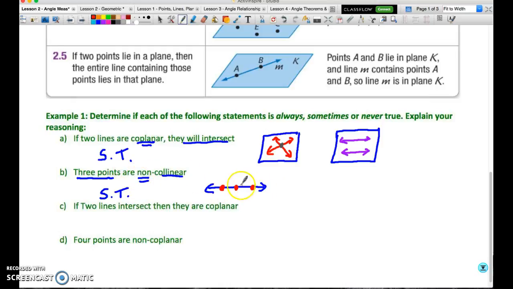We have 3 points, but they are collinear. And of course, the other example which supports the statement is if 2 of the points were on the line and the 3rd were not. This would be an instance in which the statement is true. This is the instance in which it's false, and therefore we're going to say sometimes true for our conclusion.